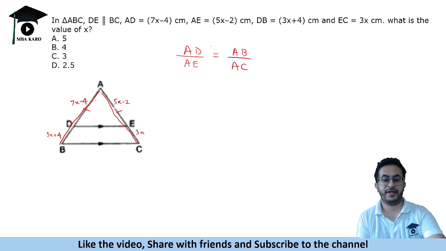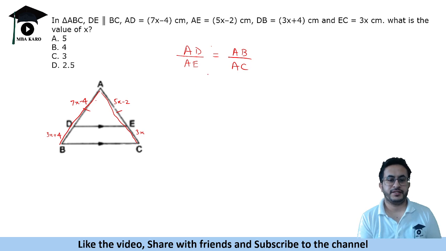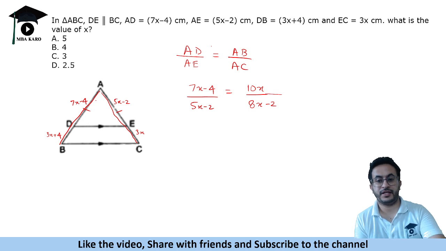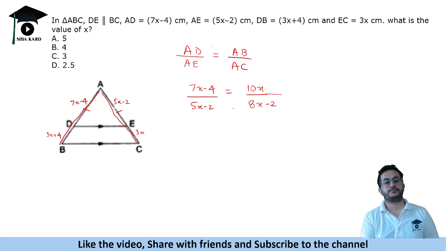Now just put the values of x and solve for it. So AD is 7x minus 4. Now if we add, this becomes 10x, and this addition is 8x minus 2. So we will just do the cross multiplication and solve for x.